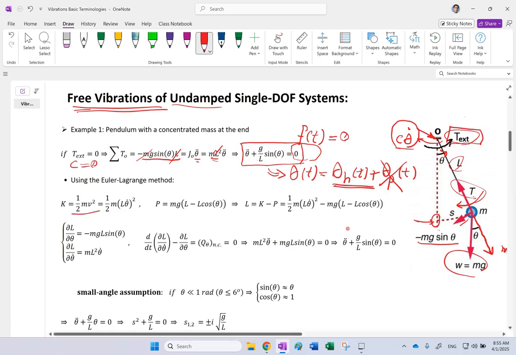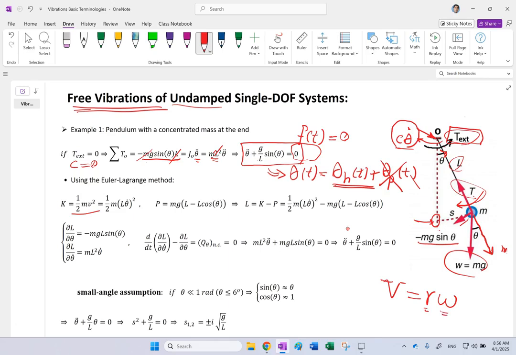And since the particle m is going around on a circle around point O, when an object has a circular motion, if you remember, v equals r omega, right? r is the radial distance from the center, and omega is the angular velocity.